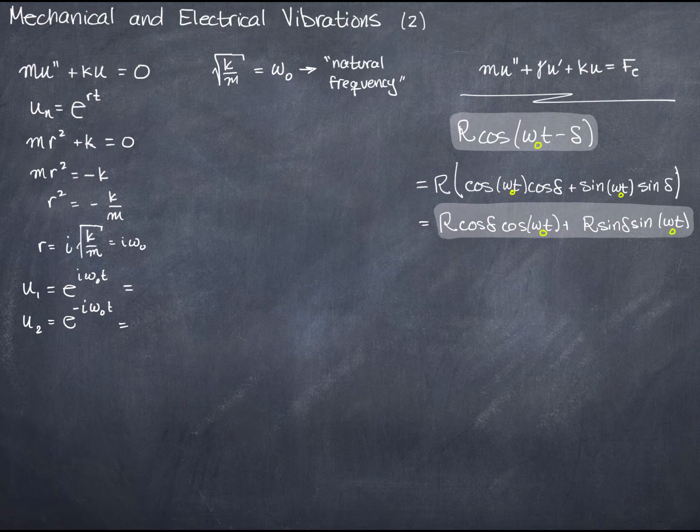But that can also be written as cosine omega naught t plus i sine omega naught t, or cosine of omega naught t minus i sine omega naught t. And the good news is we only need one of these, so we're just going to choose one to work with. I'll use u1. I want to erase the other one, but perhaps I'll cross it out just so that we remember where we were going with this.